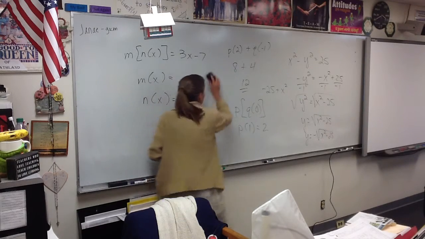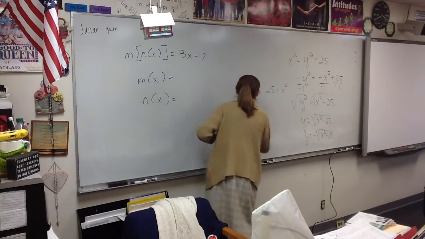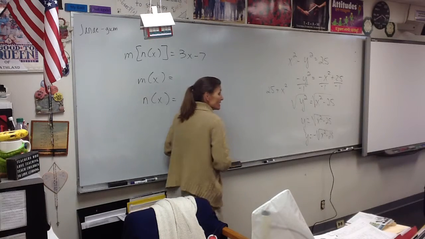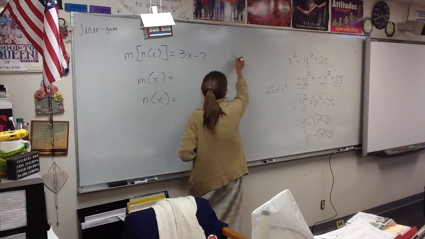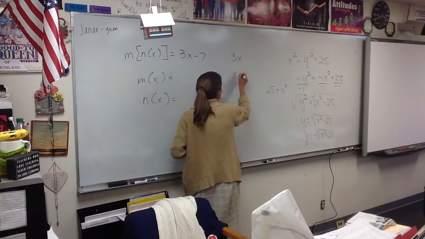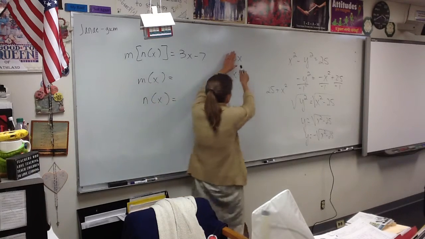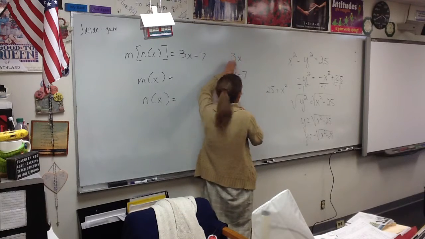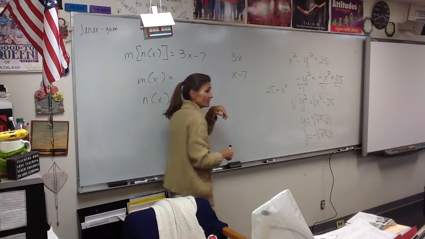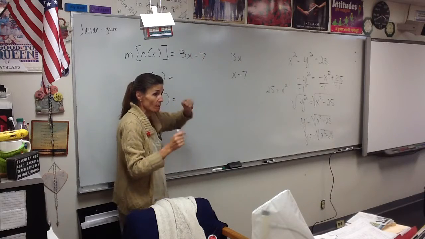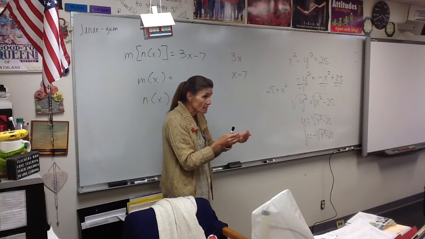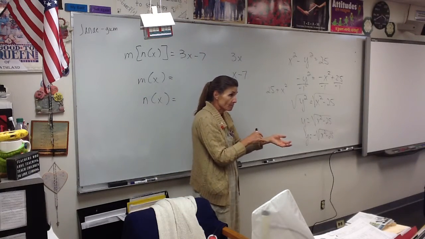So there are two operations that happen. This says take any number, times it by 3, take any number, subtract 7. That's what happens in this problem. You multiply by 3, you subtract 7.